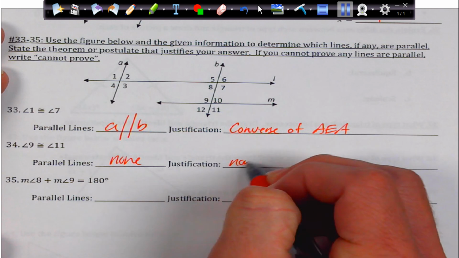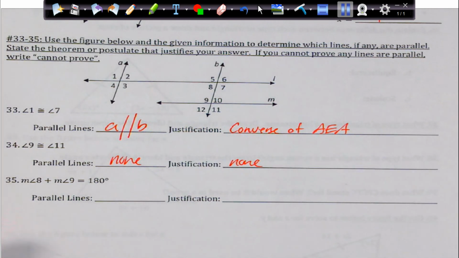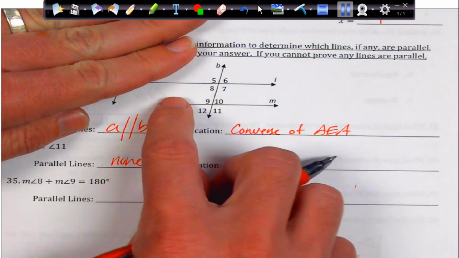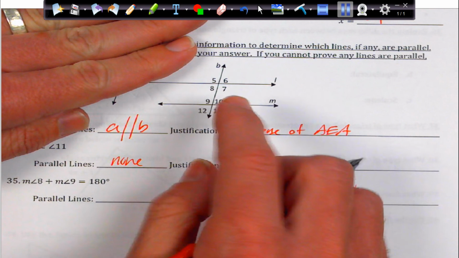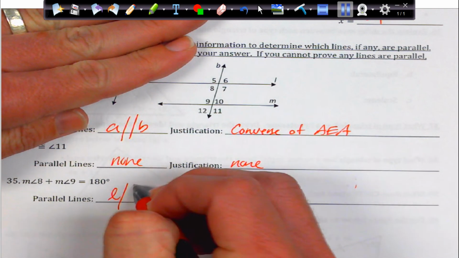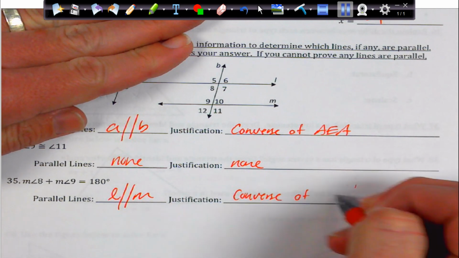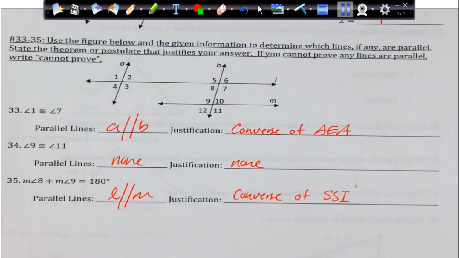You can't prove lines are parallel with verticals. Vertical are all over the place. And then 8 and 9 are supplementary. If you look at this, 8 and 9 are same side interior. They sit on L and M, and they're cut by B, so L would be parallel to M, and that would be converse of same side interior.